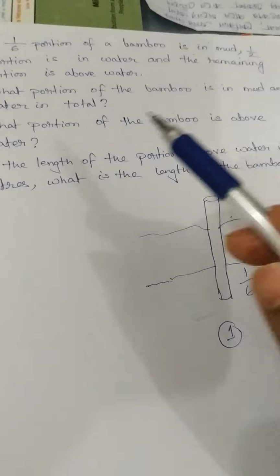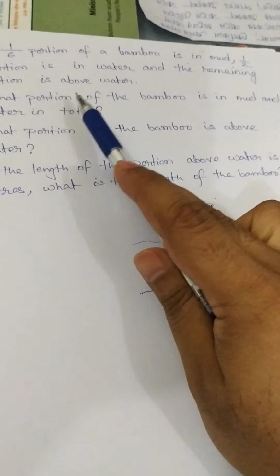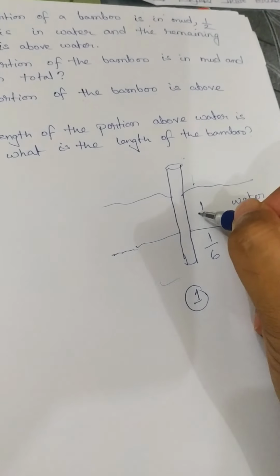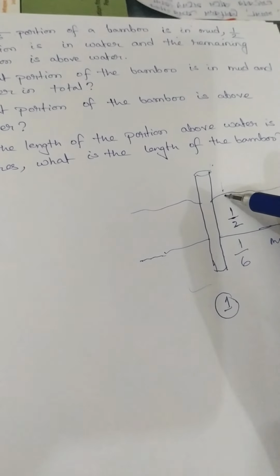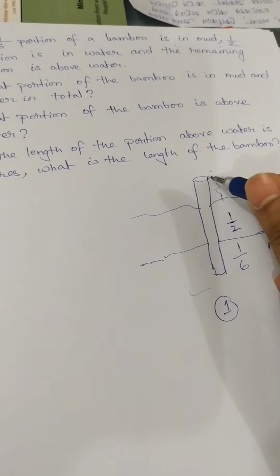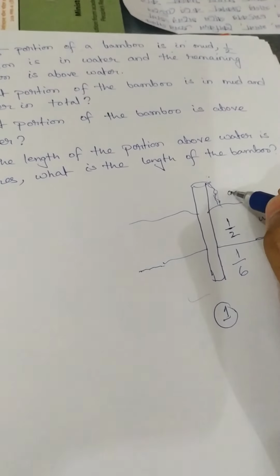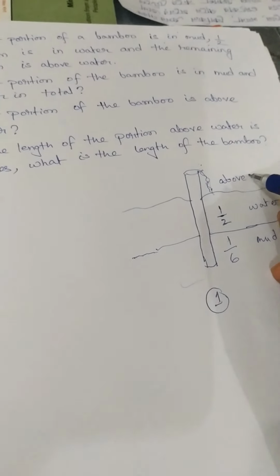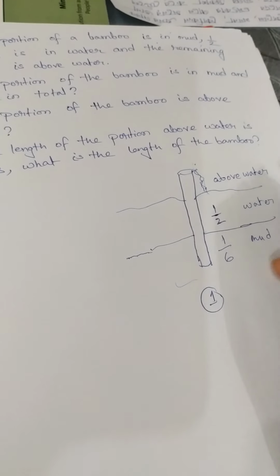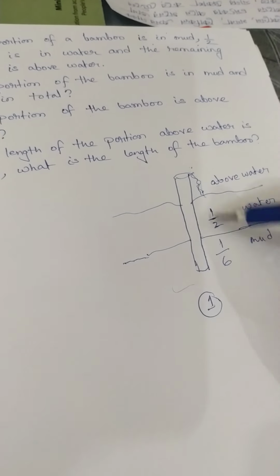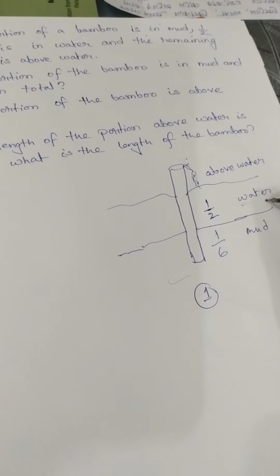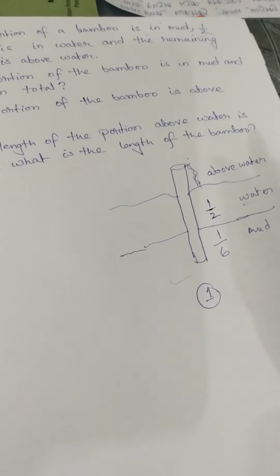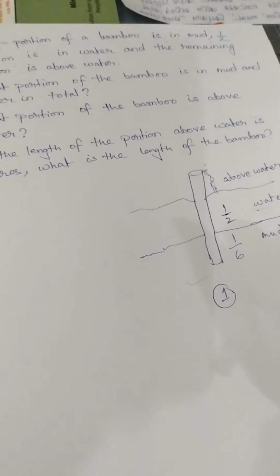Next, 1/2 portion is in water, and the remaining portion is above water. They have not mentioned how much portion is above water. So this is the above water portion. This is the question which is given.